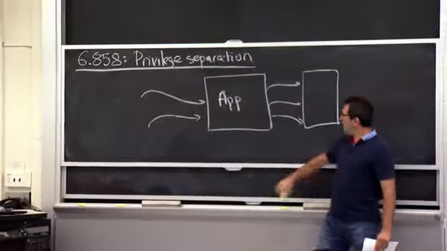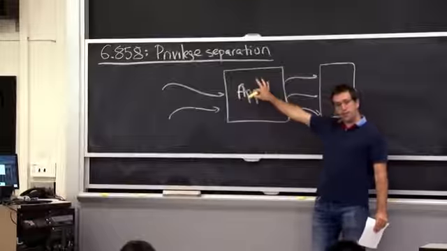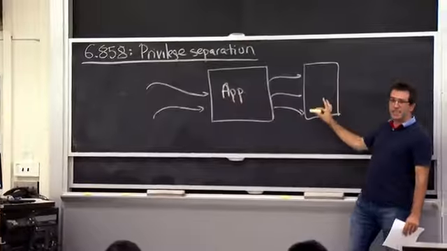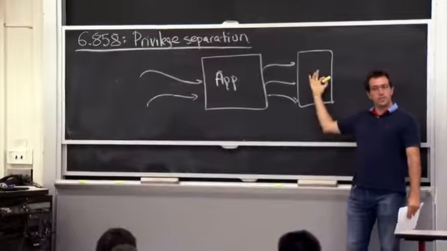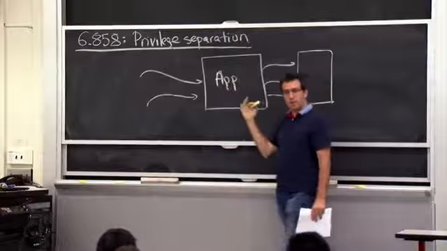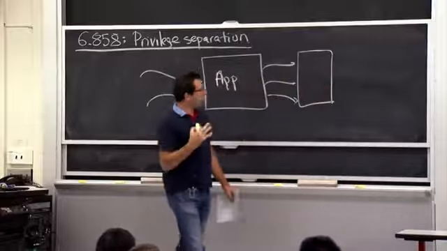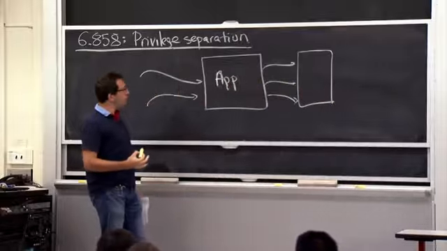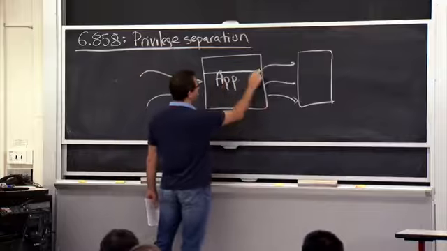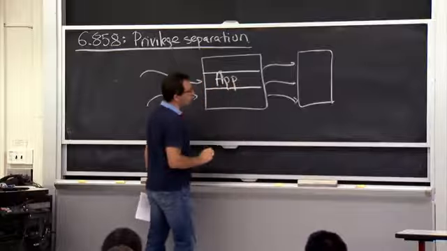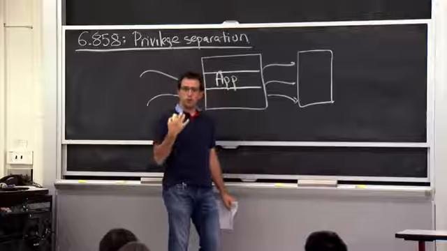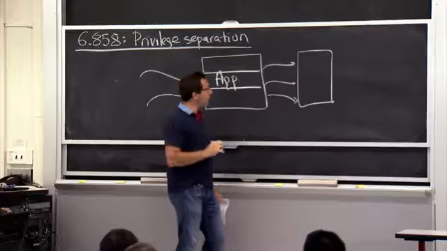And the problem is that any vulnerability in this large application can allow it to modify any of the state, or basically exercise all of the privileges this application has. And it probably has lots of privileges unless you're careful about it. What privilege separation tries to do, and what we'll look at in this lecture, is to take the application and chop it up into different pieces and make sure that each piece has only the necessary privileges to do its job correctly.